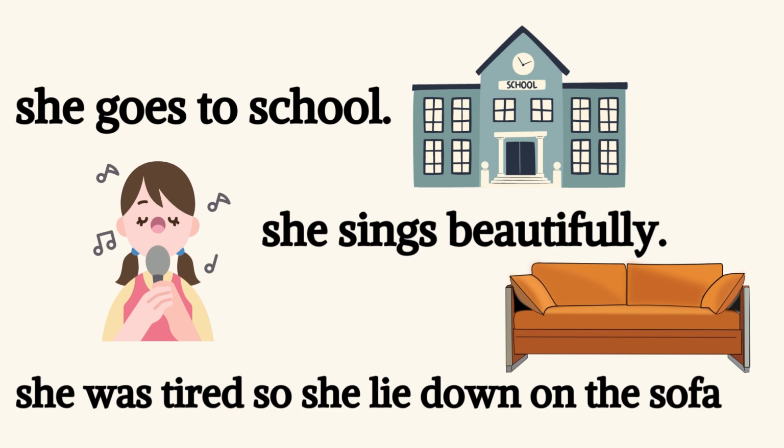Okay, you just have to keep it in mind that object is a noun, pronoun, or a noun phrase, and it is actually someone who is receiving the action, and they answer the question of what or whom. अब इन sentences में if you look, she goes where? The answer is to where, so she goes to school.